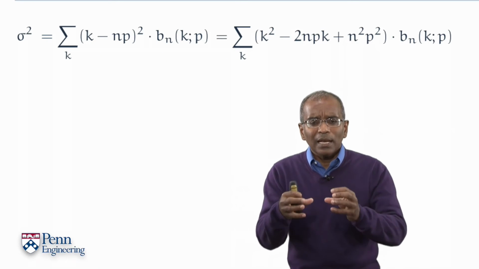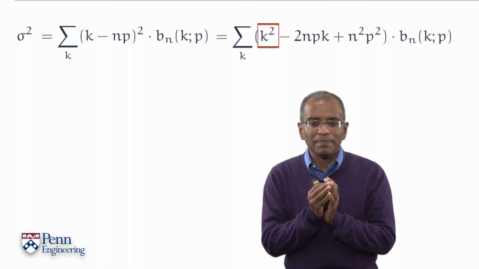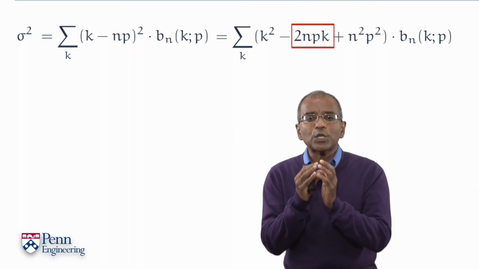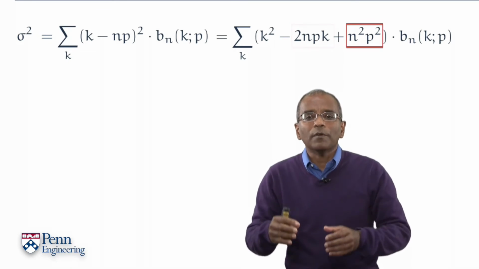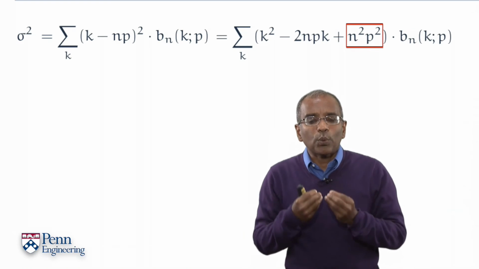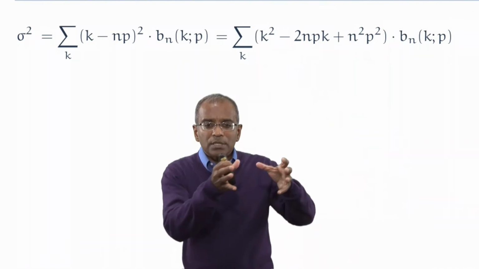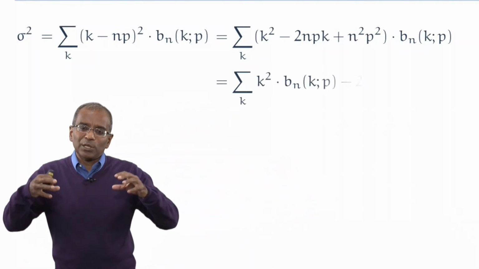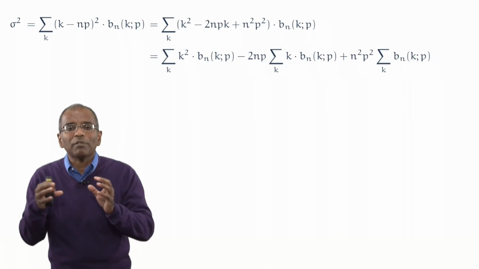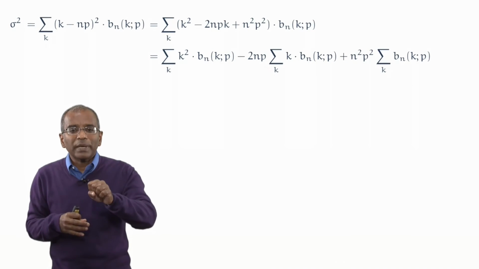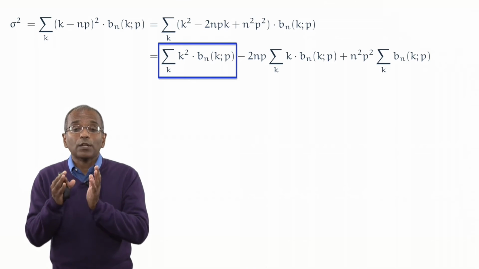In this case, let's group the sums together by first grouping a sum over the k squared term, then grouping a sum over the 2np times k term, and then finally grouping the sum over the n squared p squared term. And if we do this, we now have 3 separate sums. It's beginning to look moderately complex, moderately heavy, but it's going to simplify in a hurry. Let's begin by looking at the first sum on the right, the sum of k squared times bn of k.